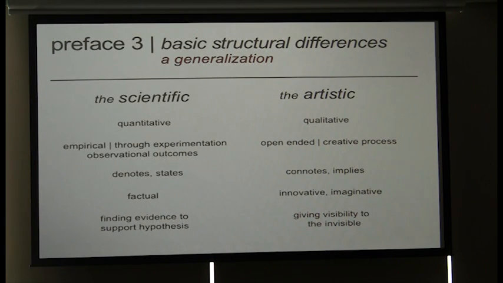The scientific denotes, it states, it's factual, whereas the artistic tends to connote, to imply, to imbue. It's more about innovation and imagination versus the factual. I like to think of the scientific as finding evidence to support a hypothesis, whereas in art you're trying to give visibility to something more invisible.